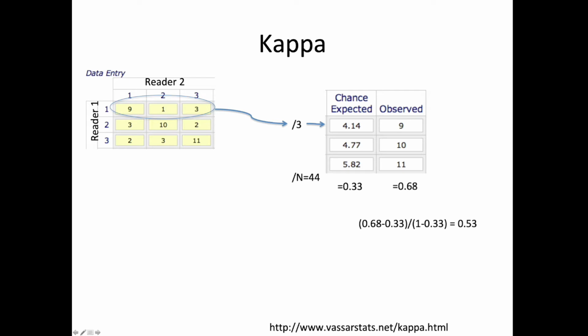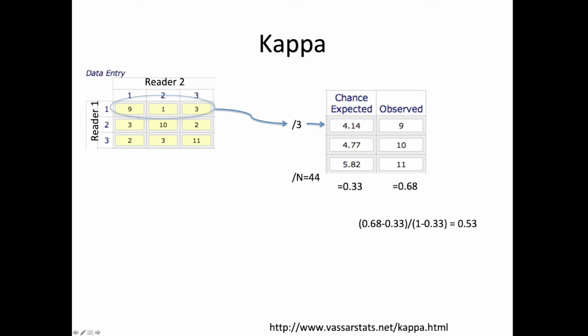And you do this for each of the rows, you get a sum of the chance agreements and the observed agreements, divide both by the total number of ratings, which in this case is 44.